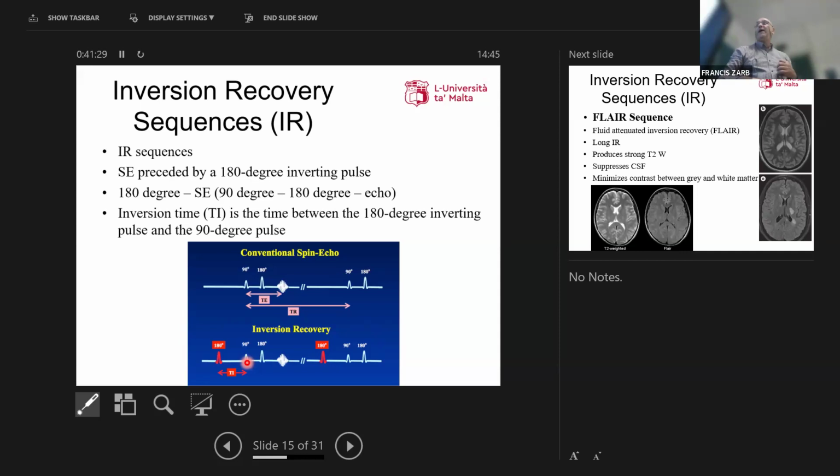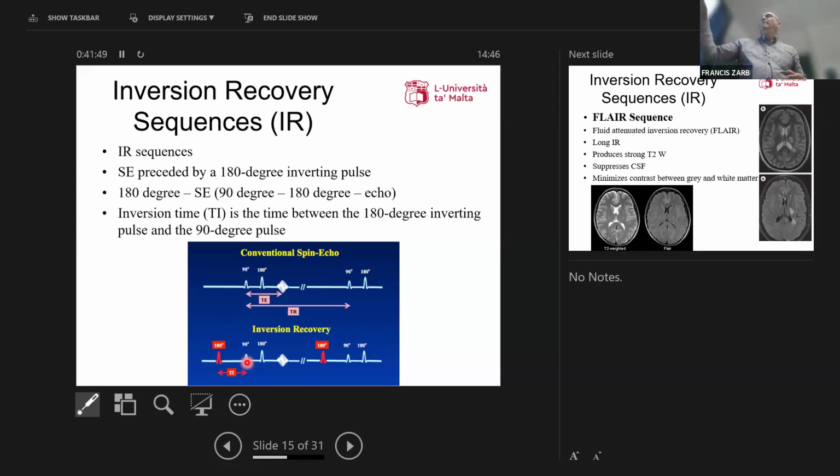Yes, it appears brighter. Okay? So inversion recovery sequences are spin echo sequences preceded by a 180-degree inverting pulse. All right? This is the basic.